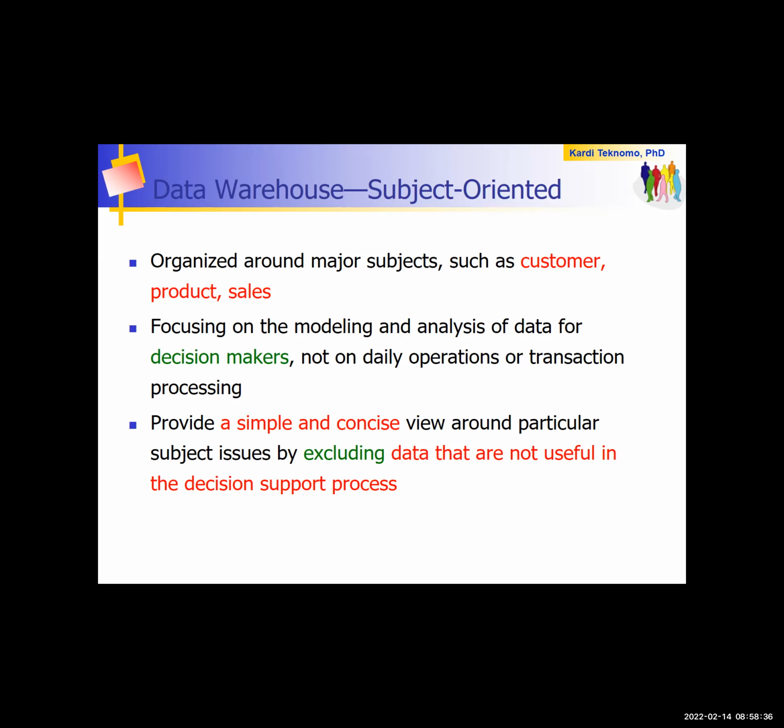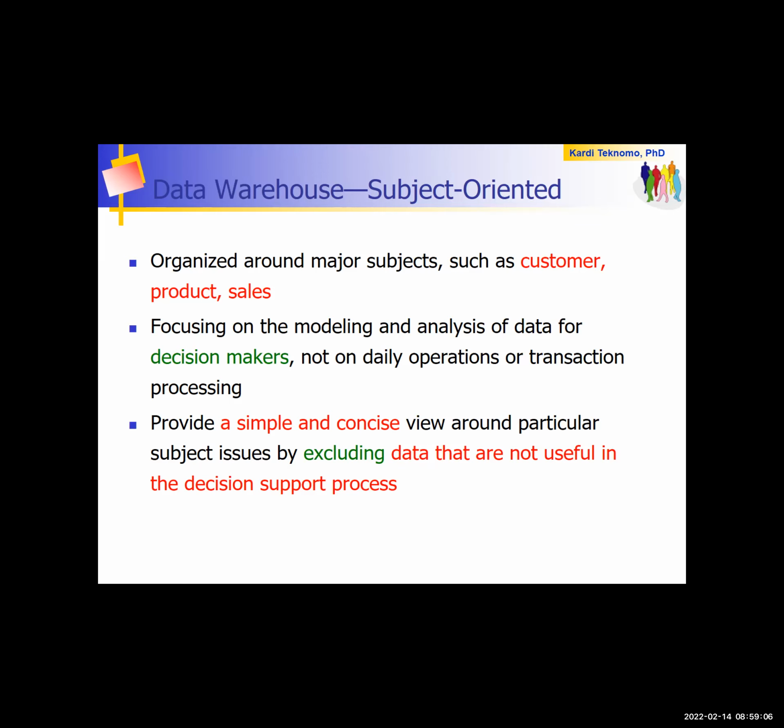So data warehouse provides a simple, concise view around the particular subject. For example, the customer, the product, the sales, and so on. By excluding data that are not useful for decision support process. So there are data that actually are just noise, you just remove that data. And the removal of the data is called data cleaning.